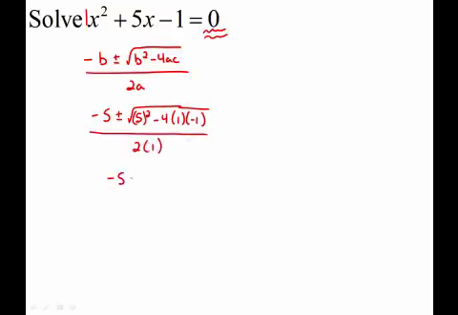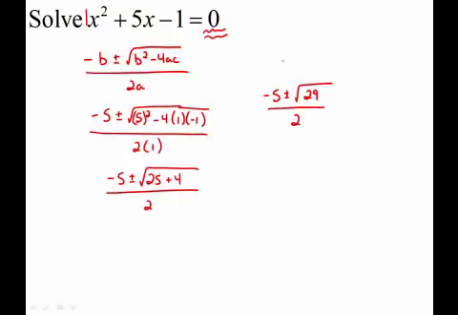So that's negative 5 plus or minus the square root of 25 plus 4 over 2. And that simplifies out to be negative 5 plus or minus the square root of 29 over 2. And that's how you can leave it.